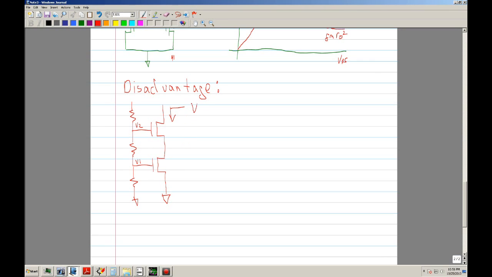Now, Vout minimum: when you look at something like this, you should already say that I'm going to need a VDSAT across that transistor and another VDSAT across that. So the minimum voltage should be 2 VDSATs.